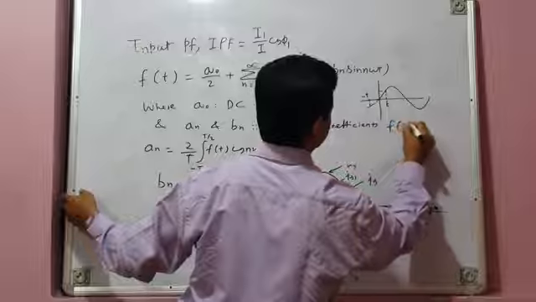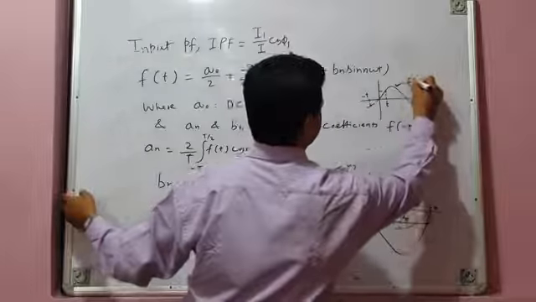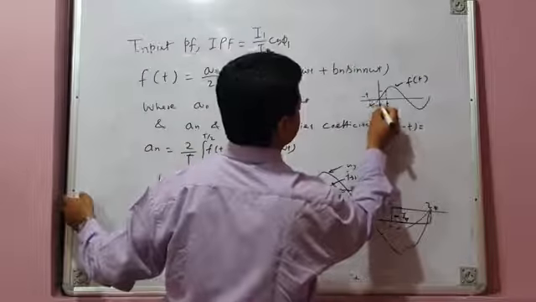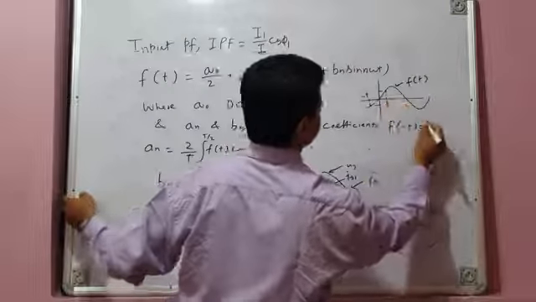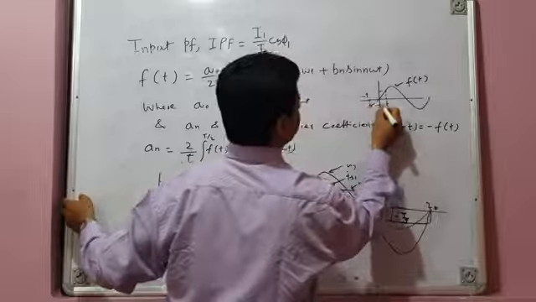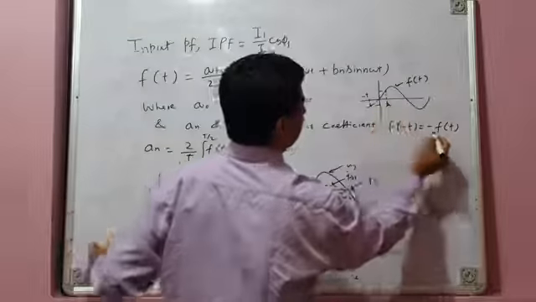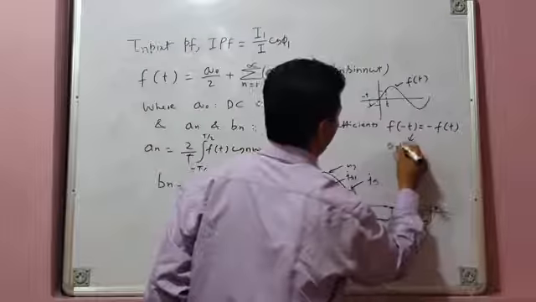You find that f of minus t is exactly equal and opposite to the value at f of t. So f of minus t is equal to minus f of t. If it is minus 2 here, it will be plus 2 there. Such a waveform is said to have odd symmetry.